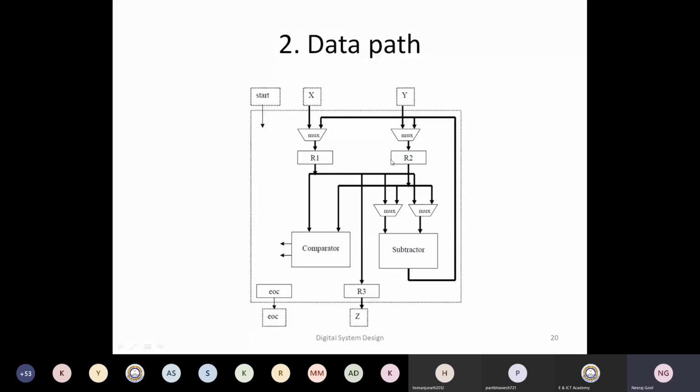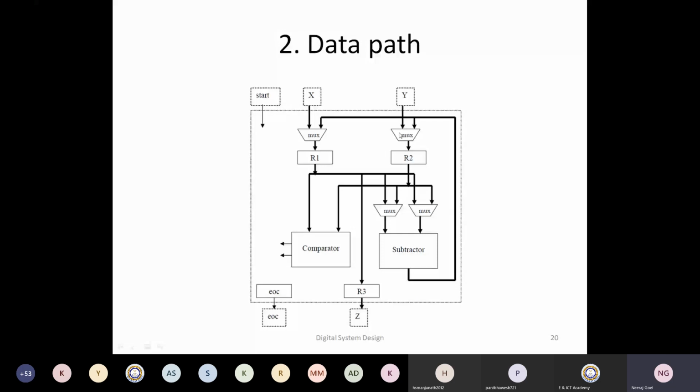R1 would store the values from X, and R1 will also store the output of my subtraction. So the output of my subtractor will also go back as an input to the mux, and similarly for R2. R2 will receive either from Y, or the output of subtraction.